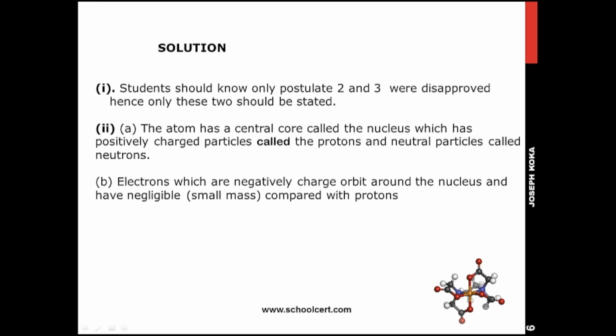Electrons, which are negatively charged, orbit around the nucleus. And if you recall, the mass of the electron is 1/1850. So they have a negligible or very small mass compared with the protons and the neutrons.